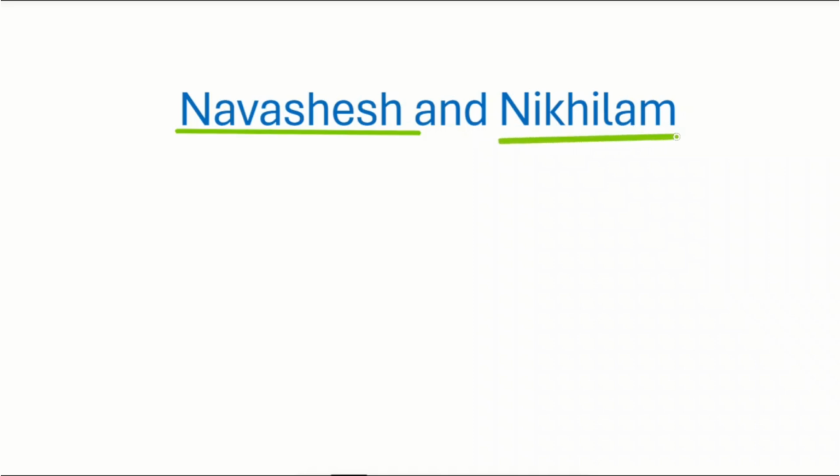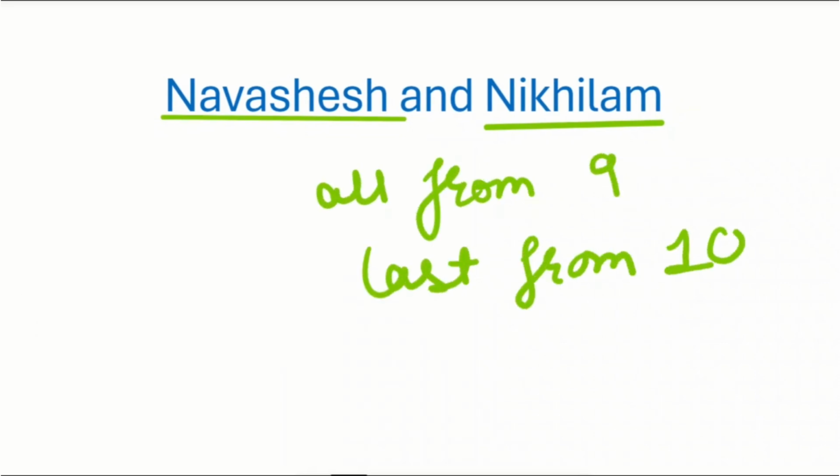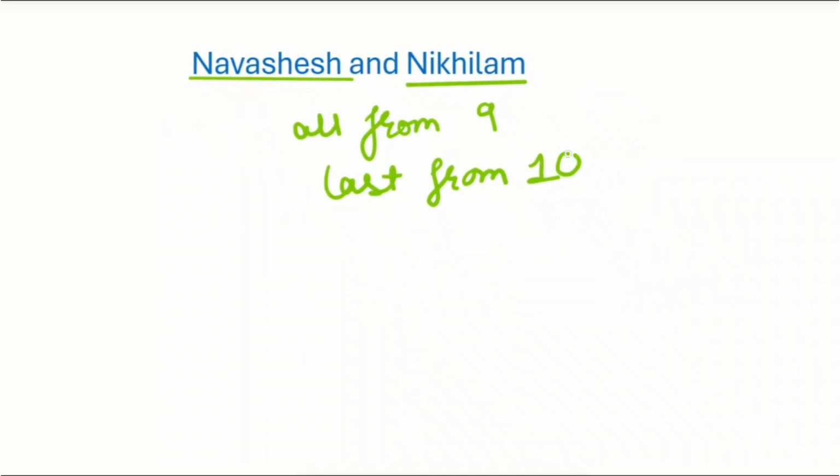Coming to Nikhilam. The simple basic rule of Nikhilam that we learned was all from 9, last from 10. What this means is that the last digit, the ones digit, should be subtracted from 10 and the rest of the digits are subtracted from 9.